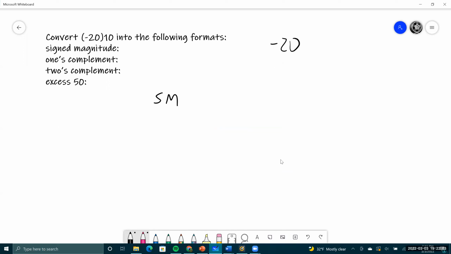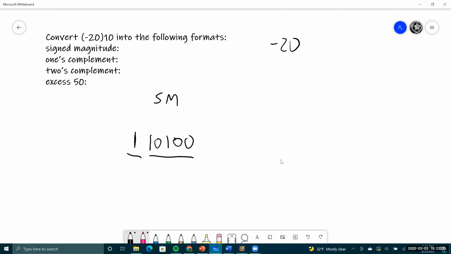In sign magnitude, the sign bit is 1 for negative, right? And the magnitude is 20. So 20 in binary is 1, 0, 1, 0, 0, using 1, 2, 4, 8, 16. So this is -20 in sign magnitude: 1 for negative, and then 20 in binary.